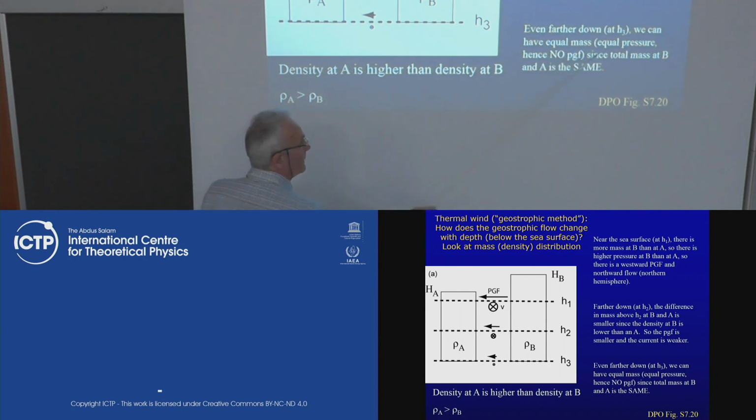So we finally can end up where there is no pressure gradient force, since the total mass of B and A is the same. The weight of the water column on the two sides is the same. This is a qualitative description of the thermal wind relationship.